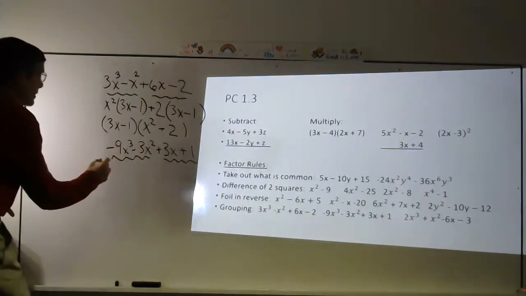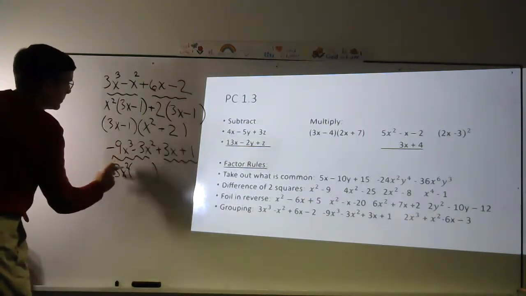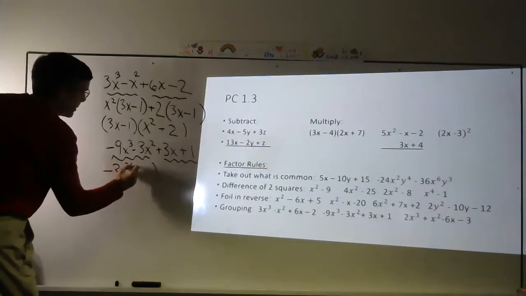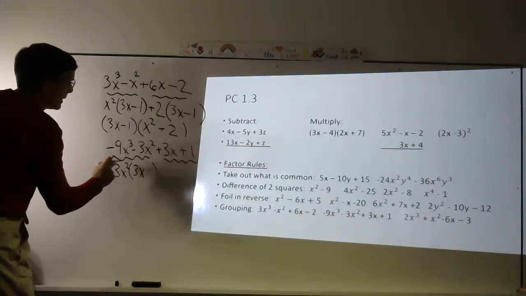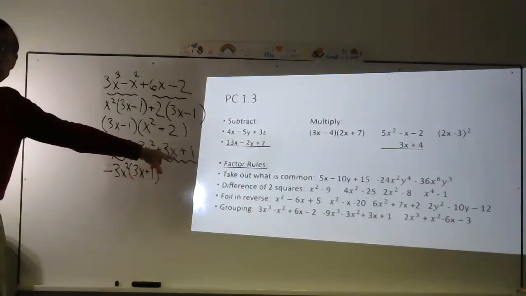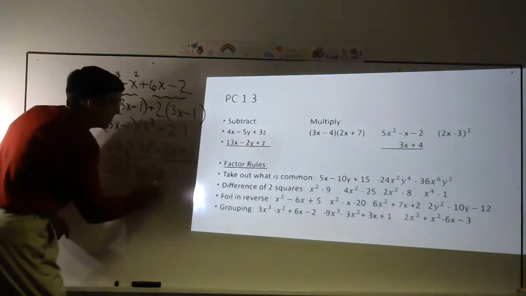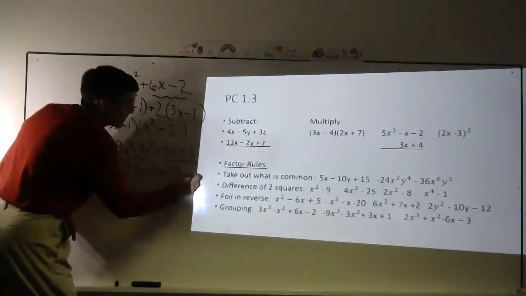Yeah? So I'll take a negative 3x squared, and I'm left, when you divide a negative into a negative, that's a positive 3x left. Negative into negative is a positive 1. And look over here. You can't take anything out. It's just the 3x plus 1.